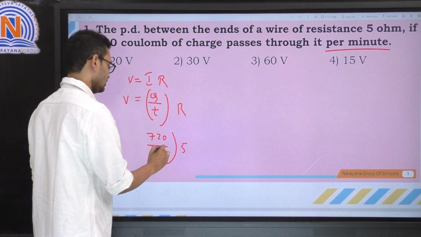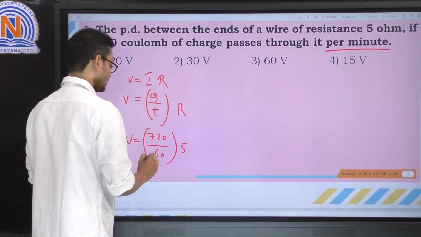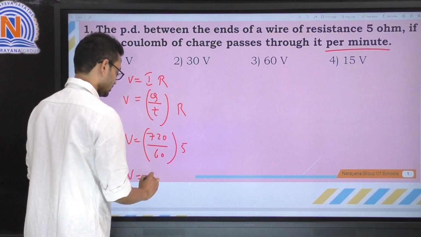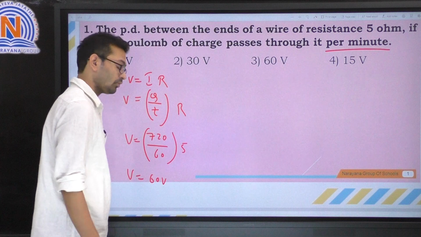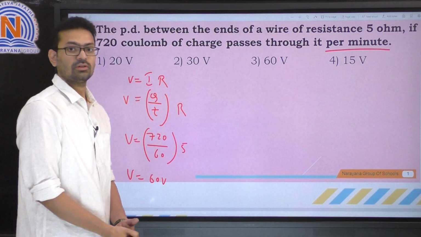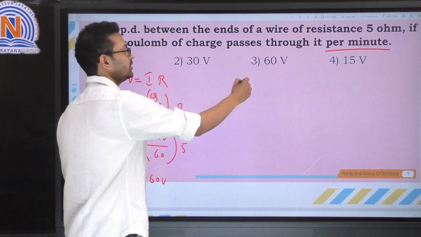If I solve this, I'm going to get 60 volts as your answer. So it is option number 3.